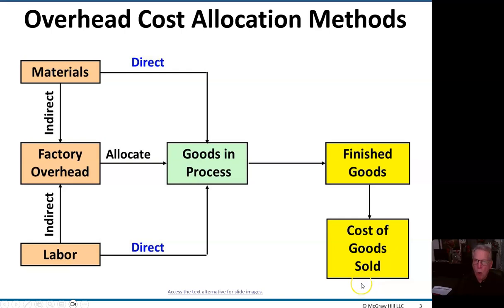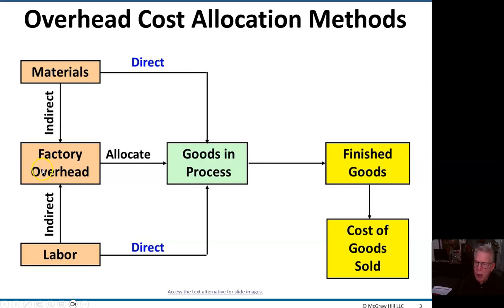All right, overhead cost allocation method. You'll remember we used the predetermined overhead rate in the previous chapters. So that included our materials, both direct and indirect, that went into factory overhead, and labor, direct labor and indirect labor that went into factory overhead.